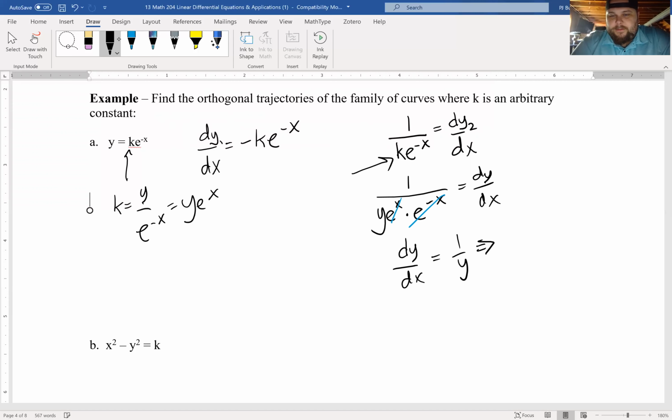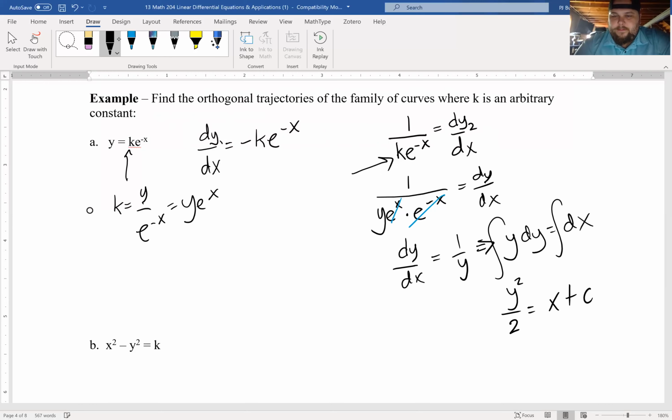I would just move the y to the left-hand side and move the dx to the right-hand side. Then I can integrate. That's y squared over 2 equals x plus c.